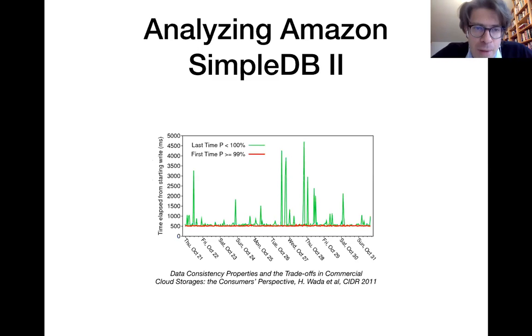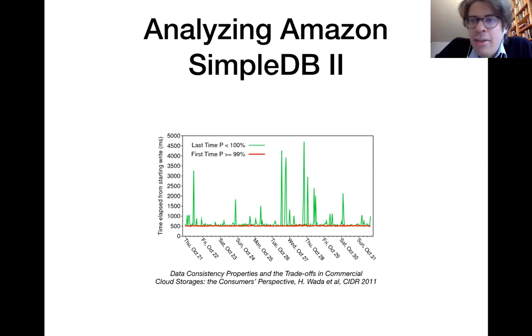We also measured, for instance, the peak times between writing and until the write is received in following reads. At least for the 99% quantile, that works pretty well, and we have very stable times around 500 milliseconds. There are a couple of longer peaks, but they are fortunately quite rare, though they might still occur.